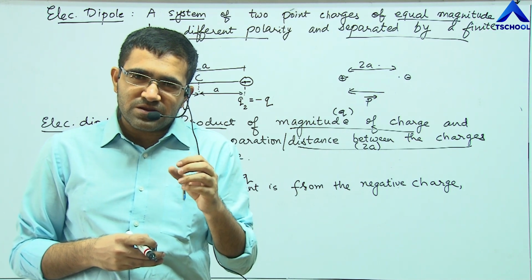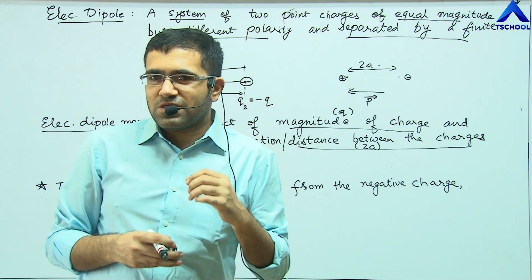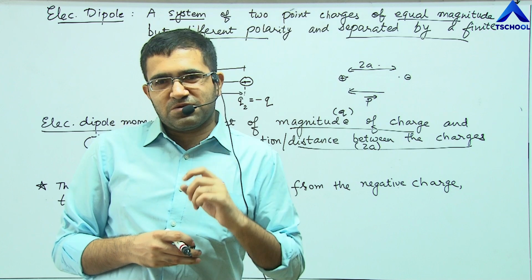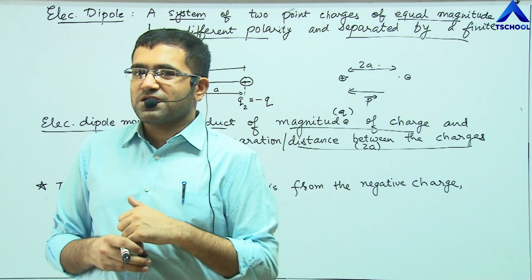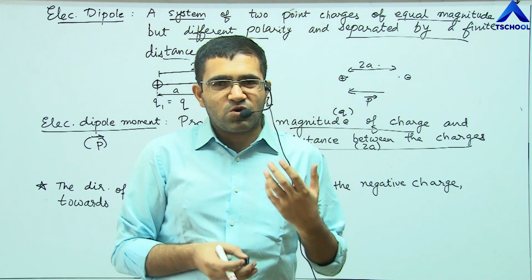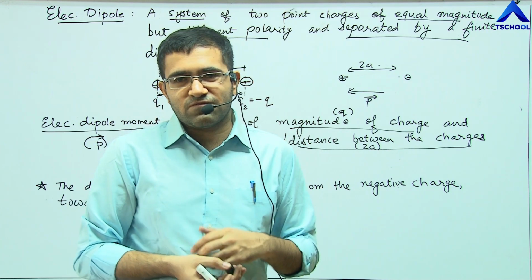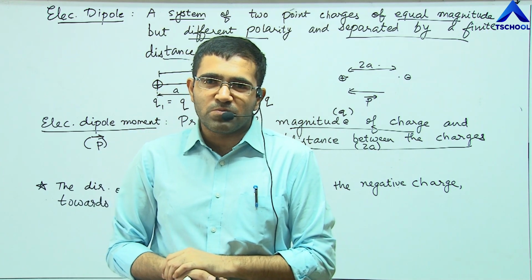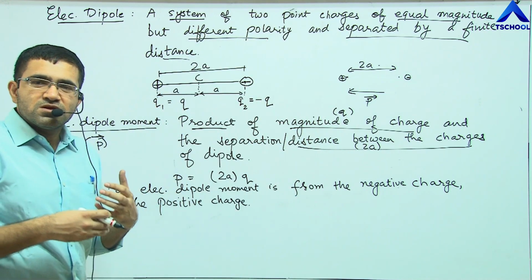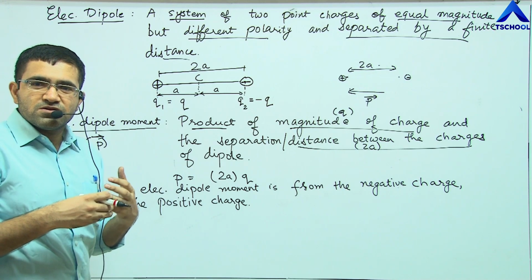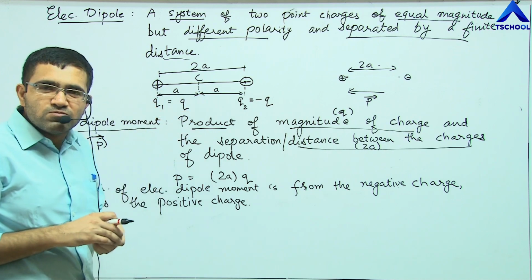But the electrons are at some distance from it, correct? So due to that fact, every atom does behave like a dipole, and so do molecules. I'm sure you have studied in chemistry that there are several kinds of molecules that have a dipole moment, and there are some others that don't, right? For example, water molecule has a dipole moment. So these things do play an important role in the electric field created by these charges, right? So that's why we are defining something like a dipole moment.